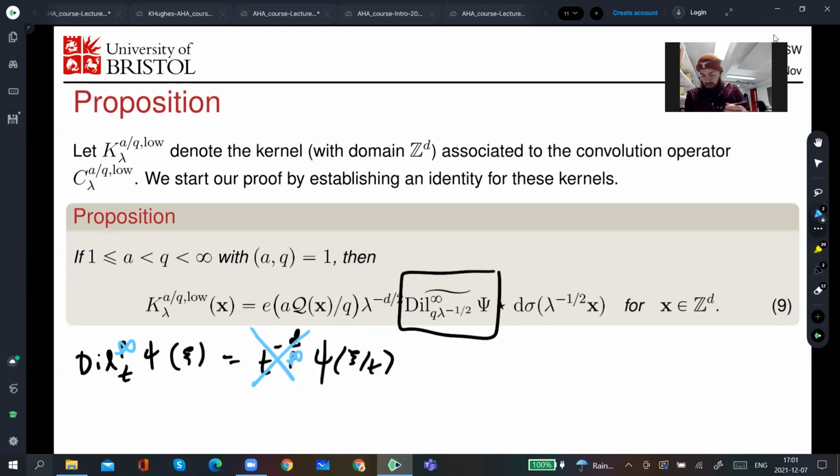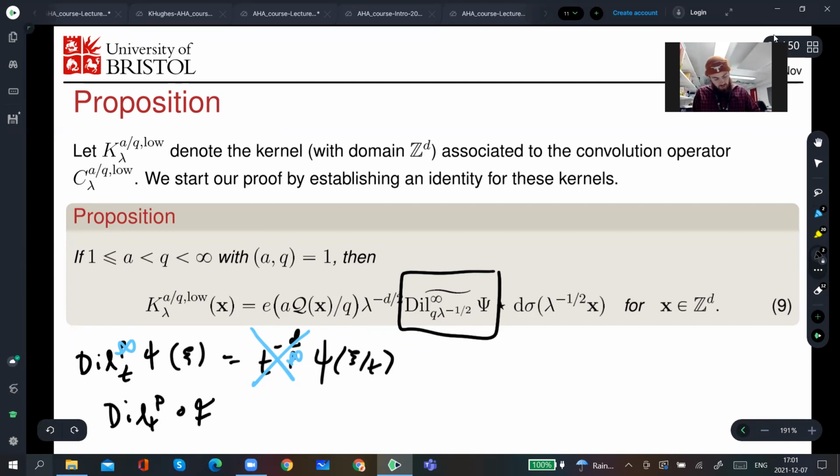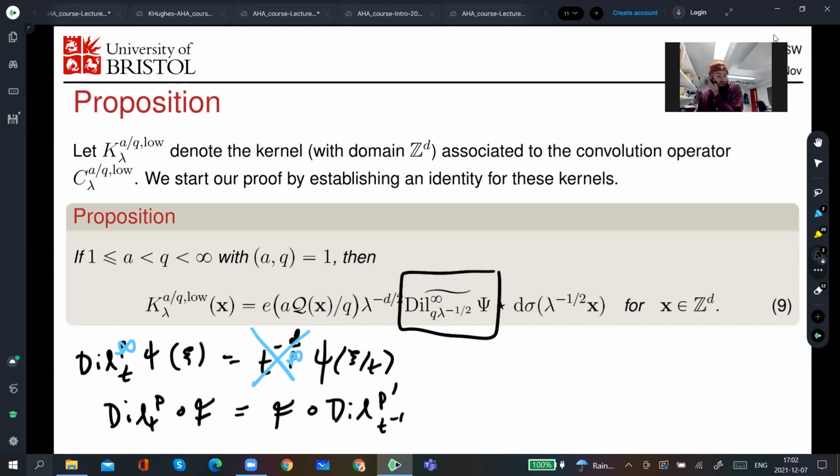And this is nice notation because it has the following property. It intertwines with the Fourier operator in the following way: the dilation composed with the Fourier transform equals this composition, right? I can move the Fourier transform in and out of the dilation operator, but when I do that, I change the dilation operator to a dual one.